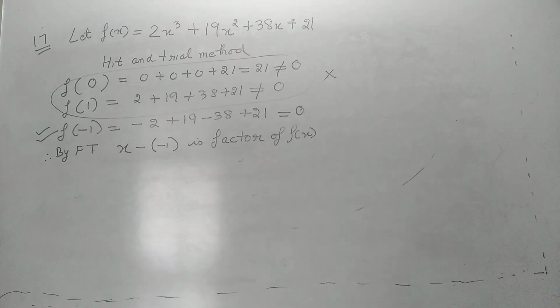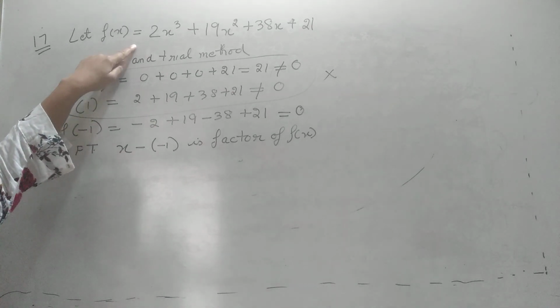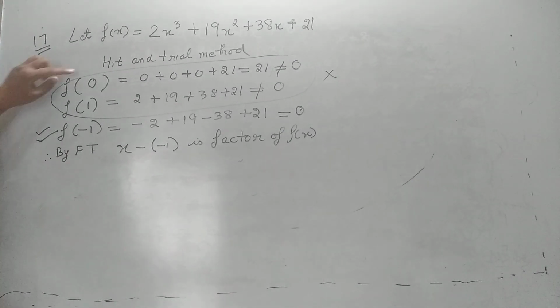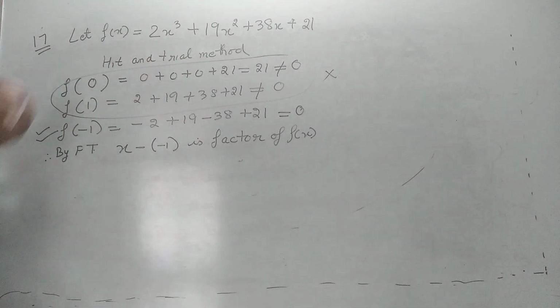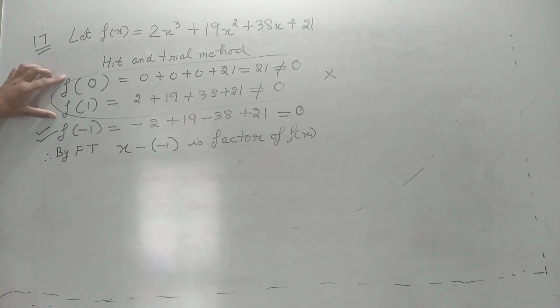The question is, I have to factorize f(x), but in order to factorize it, I need a factor. The factor is not given in the question, so I am finding the factor by hit and trial method. I will put the numbers starting from 0, for which this expression becomes 0. There is no need to substitute all the numbers and show.